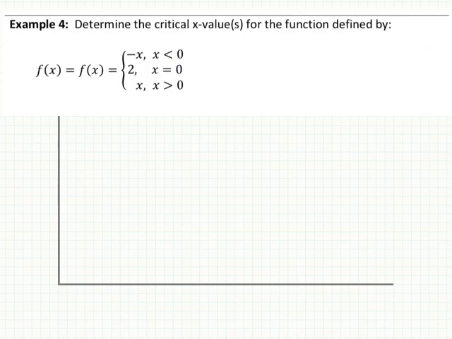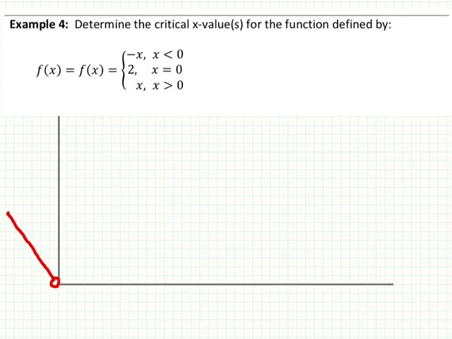Okay, so let me see here. Let me change my pen color. There we go. Well, I know that for x's that are less than 0, so that's somewhere out in this area, I'm going to have my graph be negative x. Something that looks like this. Now at 0, again, I'm going to have an open point.